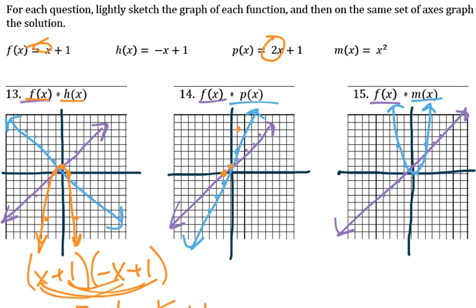Negative 1 times negative 3 would be positive 3. Okay, negative 2 times negative 5 would give us negative 10. So we just keep going up. So yep, there's our quadratic. Shift it around a bit. It's still our quadratic. So now what's going to happen when we multiply a linear and a quadratic?